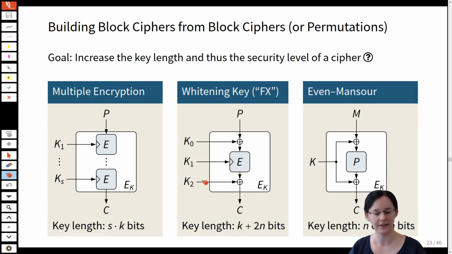And your total key size is then k bits plus 2 times n bits. You can also do this even if the thing inside doesn't even have a key yet. And this is the so-called Even-Mansour construction, which turns a permutation which doesn't have a key into a block cipher that does have a key, simply by XORing a key before and after, which can be the same or can be different.